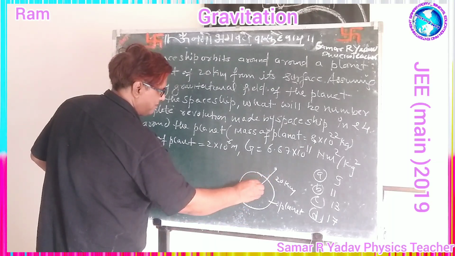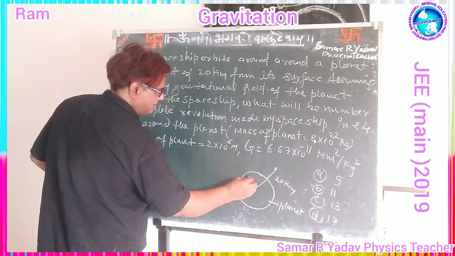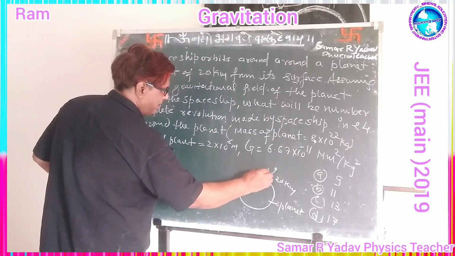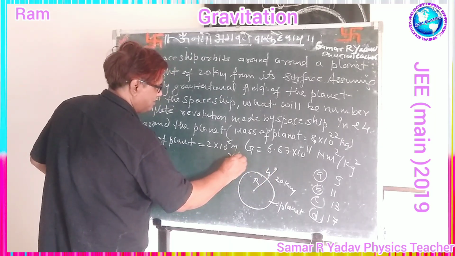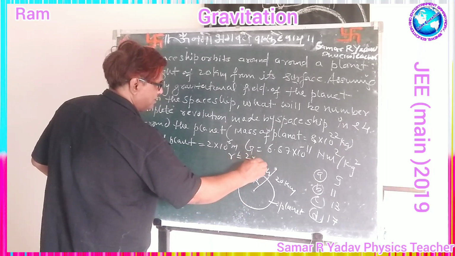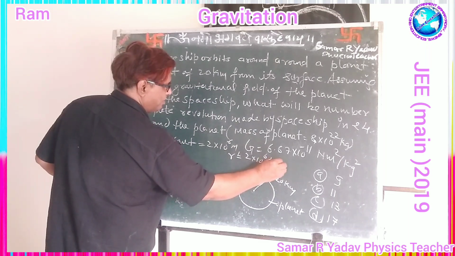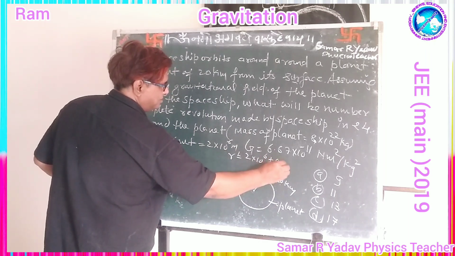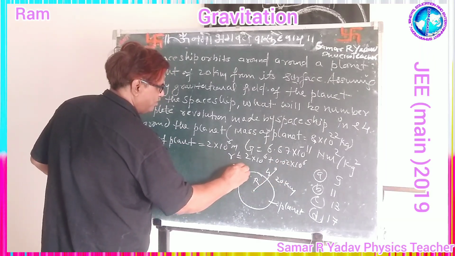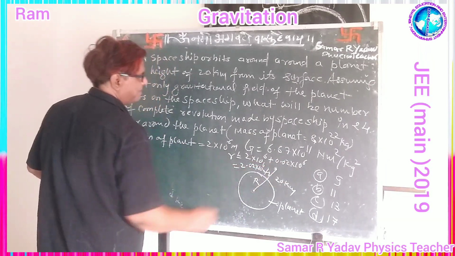From the center, the distance is capital R, and this is H. Therefore R is equal to 2 × 10^6 plus 20 km, which means 0.02 × 10^6. Simplifying, you get 2.02 × 10^6 meter.